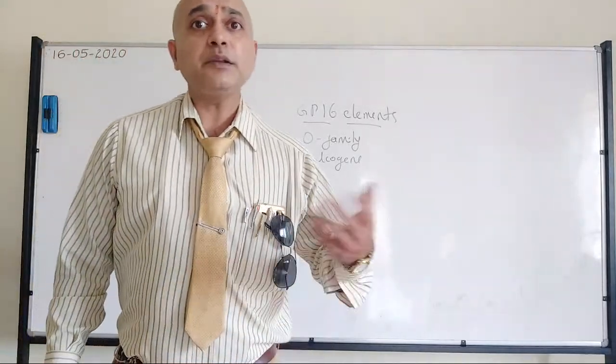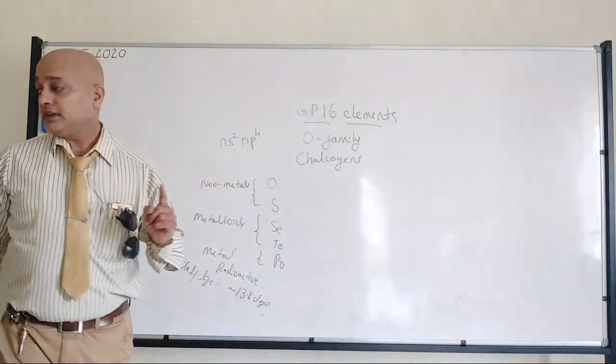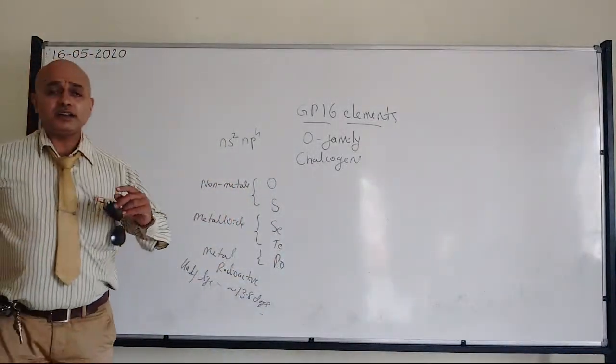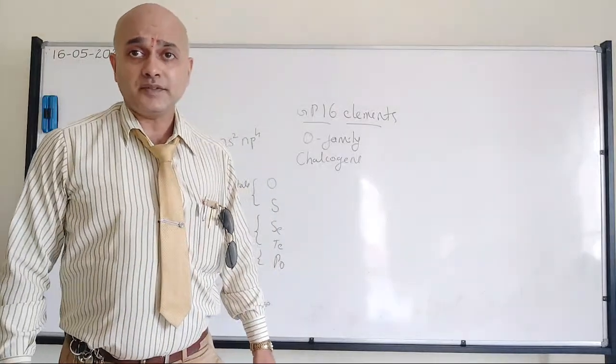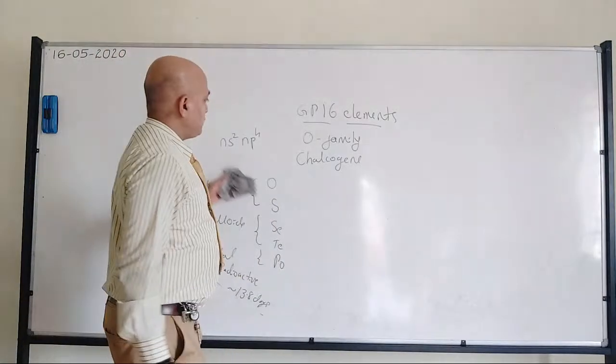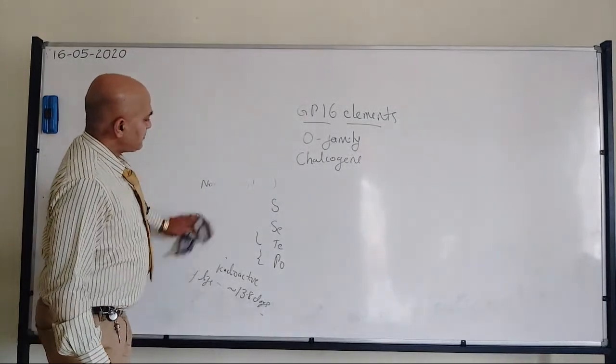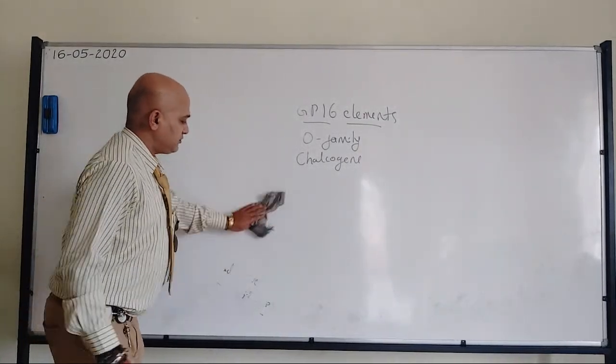There are many concepts. Group 15 is a very large chapter. So don't keep anything pending. It will be a burden for you. Fine. So try to practice whatever concepts I have told.